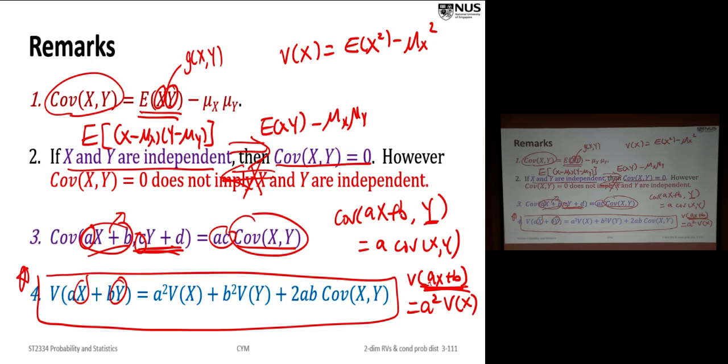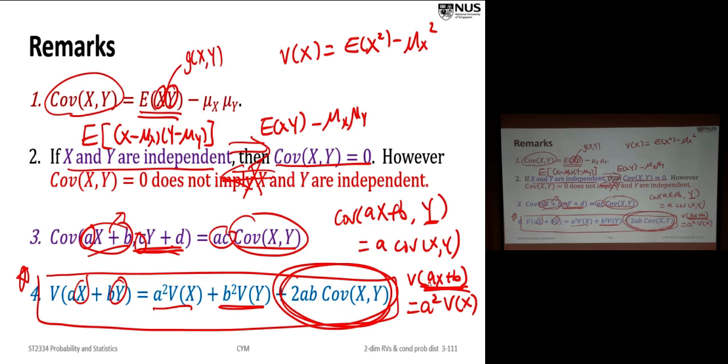But if you have a sum of two random variables, or a linear combination of two random variables, then the variance of it is equal to a squared times variance of x and b squared times variance of y, and you have this extra term, all right, which is 2ab times covariance of xy.